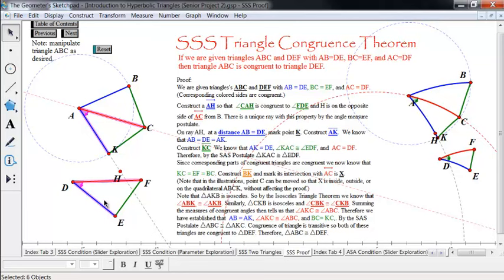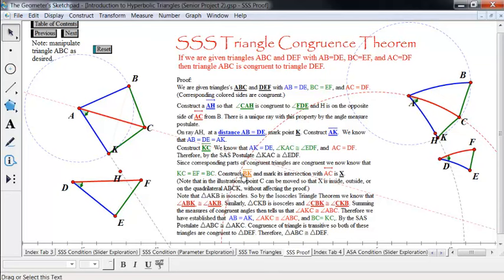So by the side angle side postulate, KAC is congruent to EDF. Now, corresponding parts of congruent triangles are congruent, so we get a couple other things. For one thing, we get KC is congruent to EF, which is, of course, congruent back to BC.